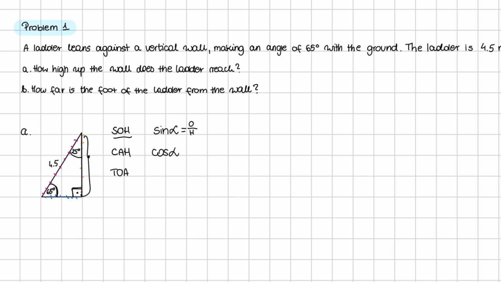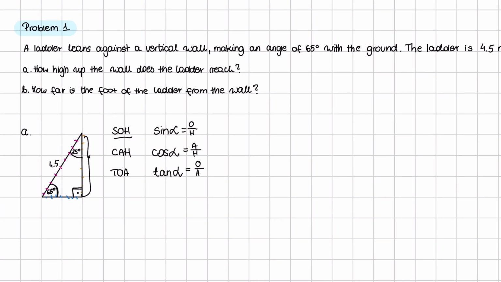Cosine alpha is adjacent over hypotenuse, and tangent is opposite divided by adjacent. Or we can simply use our sine rule from the booklet.